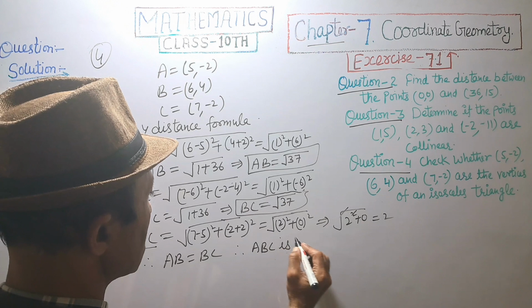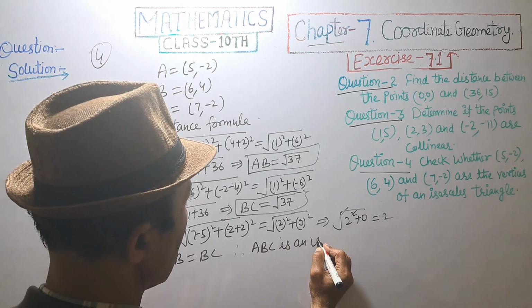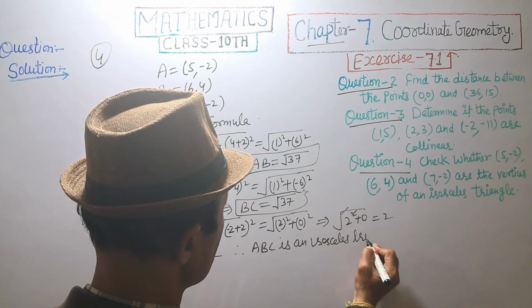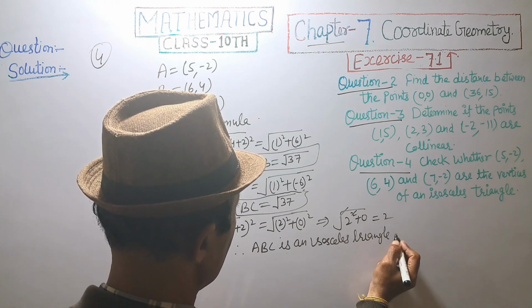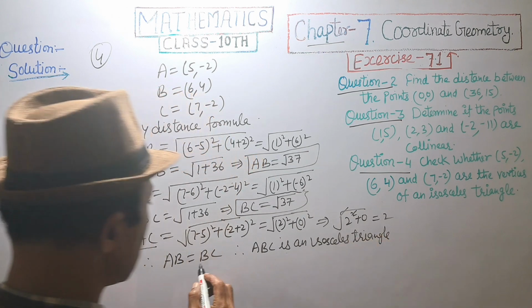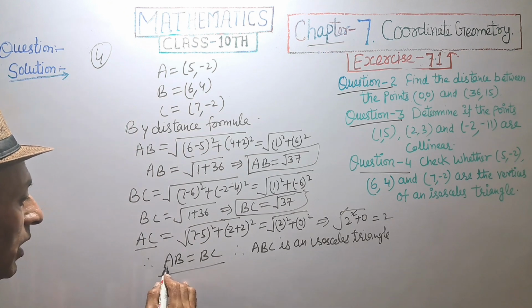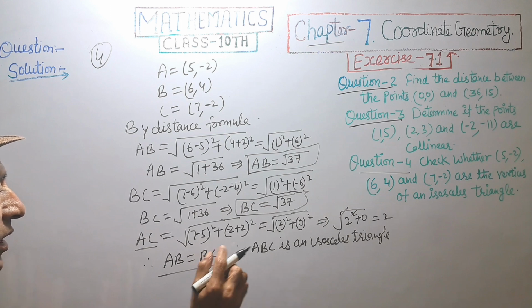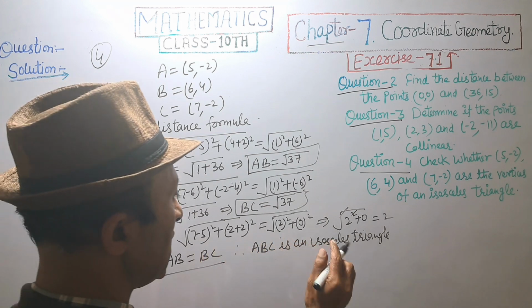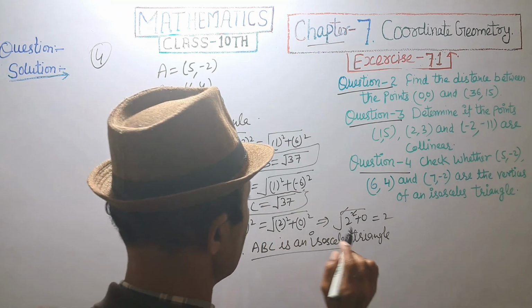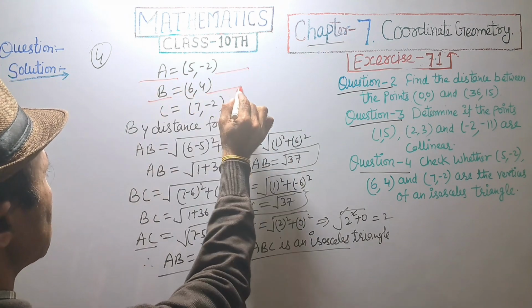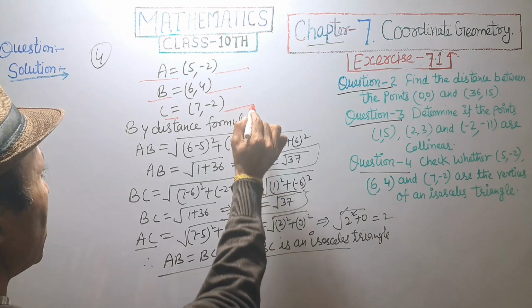ABC is an isosceles triangle. If two sides are equal, by distance formula AB is equal to BC, then ABC is an isosceles triangle. Given A is (5, -2), B is (6, 4), C is (7, -2).